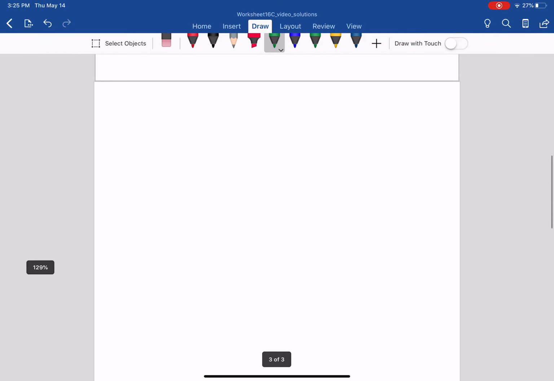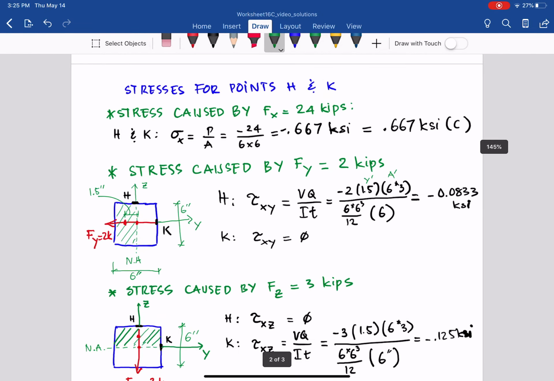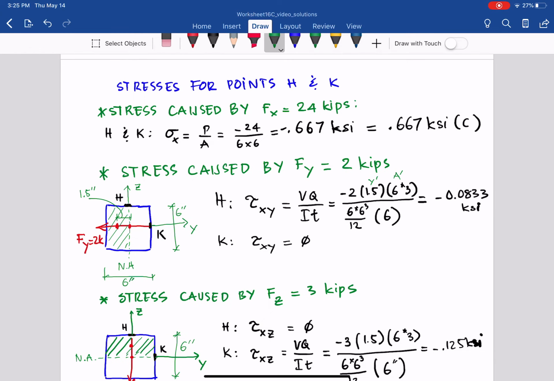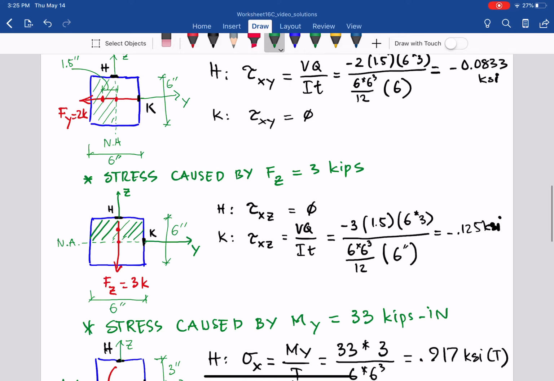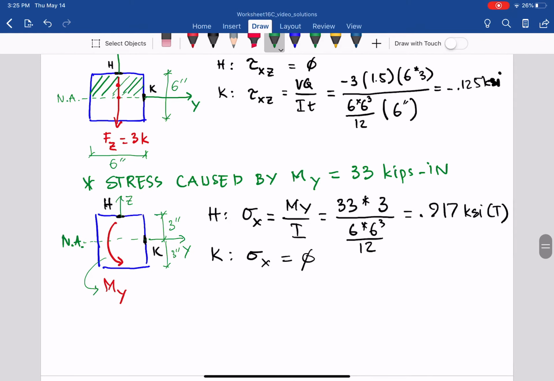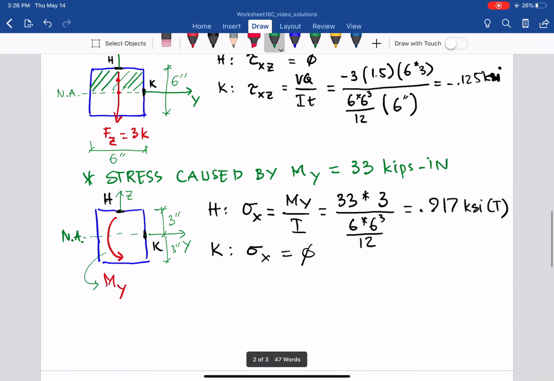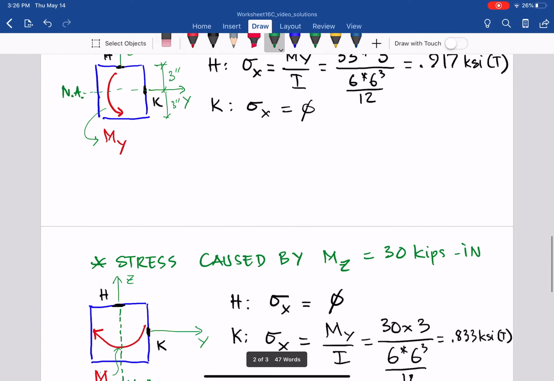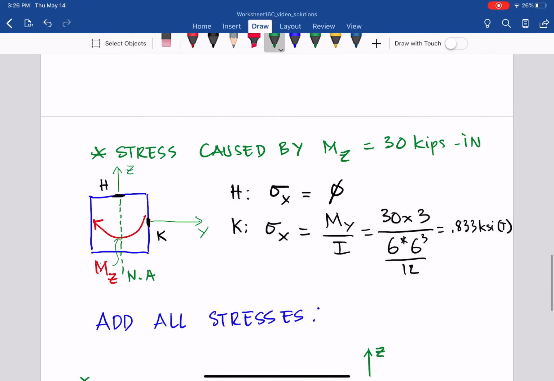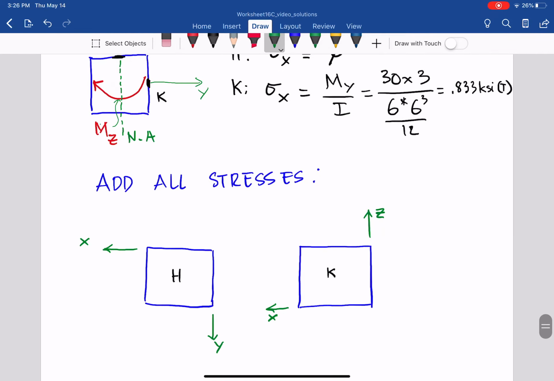Let's see what is the normal stress for H. Compression 0.667, sigma for H 0.917, so that is tension. So negative 0.667 plus 0.917, you will get positive 0.25 KSI in the X direction.